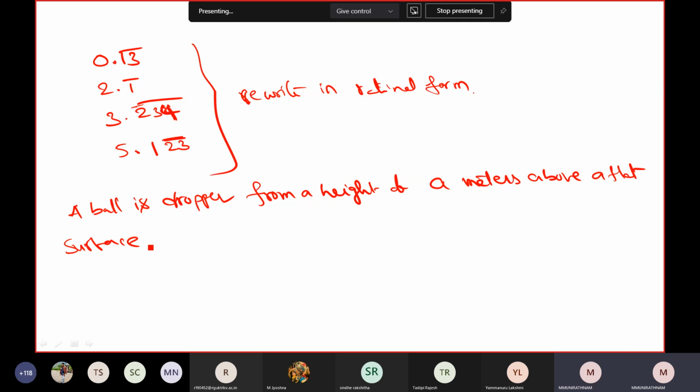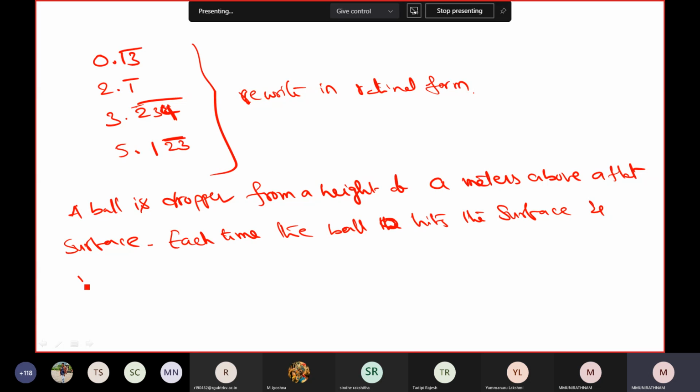Each time the ball hits the surface, it rebounds a distance of AR meters.